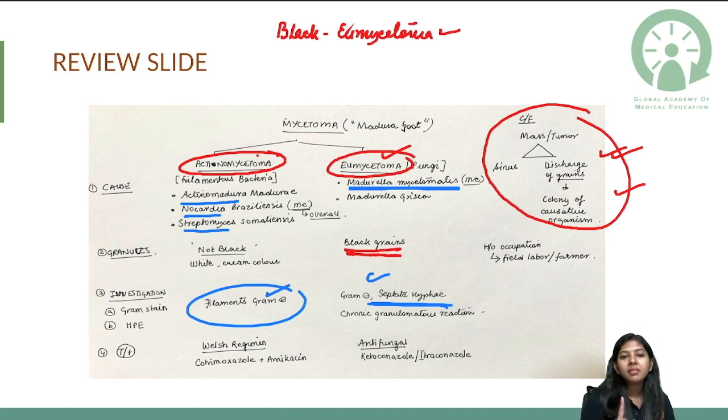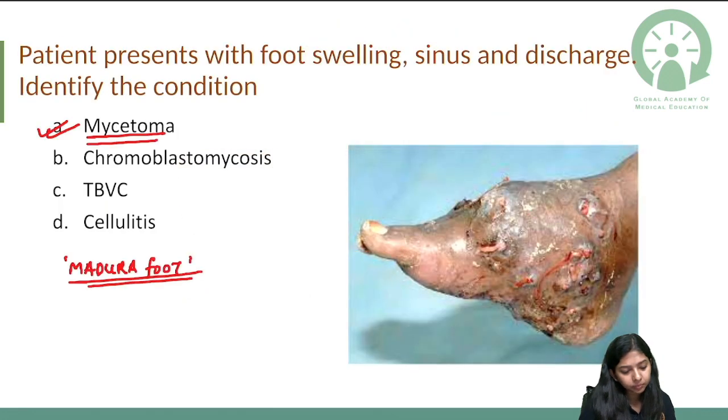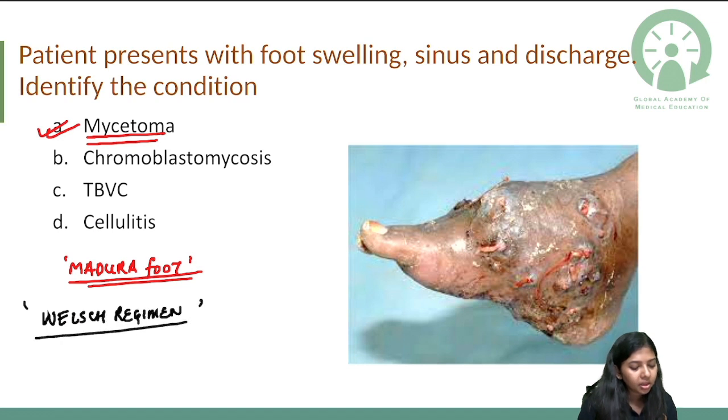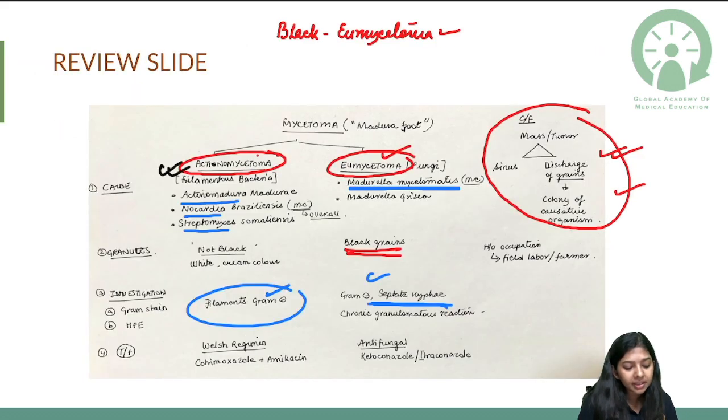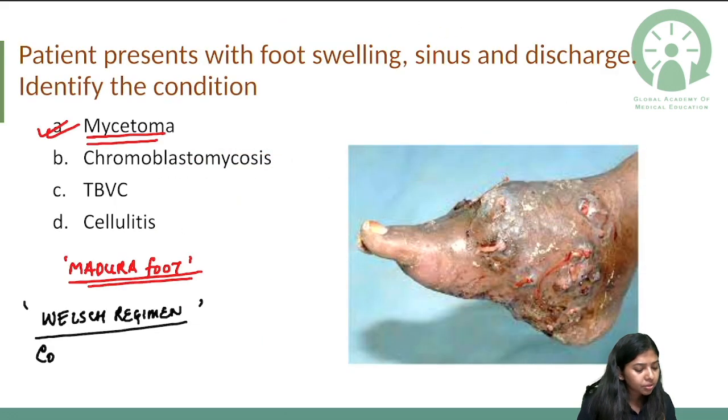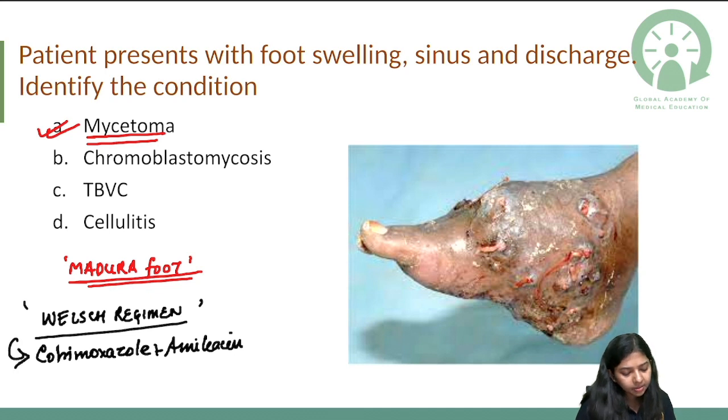What is the treatment? The regimen that you have to remember is the Welsh regimen, very important. Where do you give the Welsh regimen? You give it in actinomycetoma. It has cotrimoxazole and amikacin. And there's another regimen called the modified Welsh regimen.